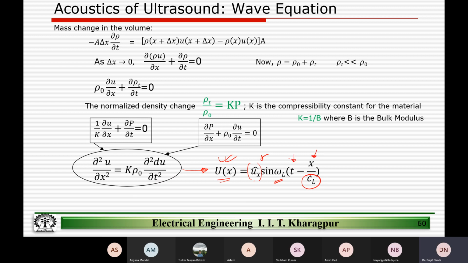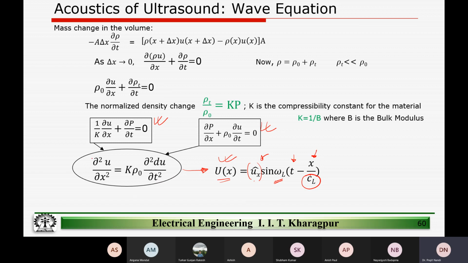Time is T, right? So basically, we dealt with two equations. One was with Newton's law, and the second was this mass change in volume, and utilizing both those equations, this guy came from the mass change in law, and this guy came from our Newton's equation.